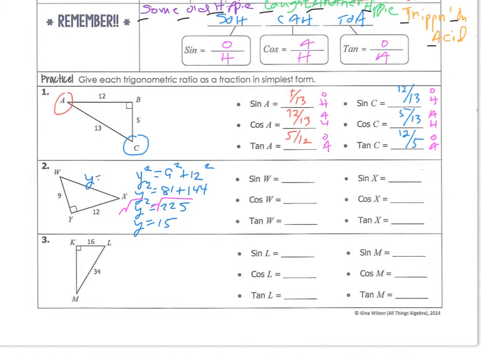Let me let you in on a little secret. Look at 9, 12, and 15. Do they all have something in common? Divisible by 3. Yes, so if you divide that by 3, you get 3. Divide that by 3, you get 4. Couldn't you have noticed that you had 3, 4, and then isn't that part of a Pythagorean triple that we studied?